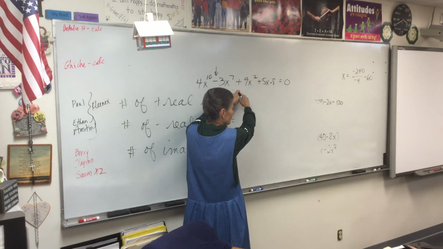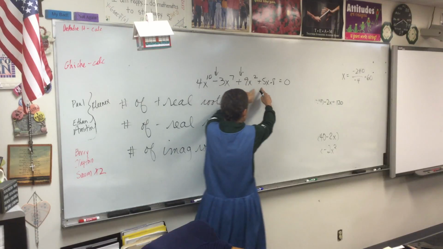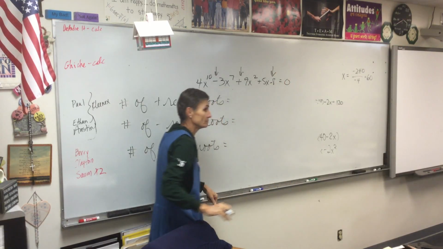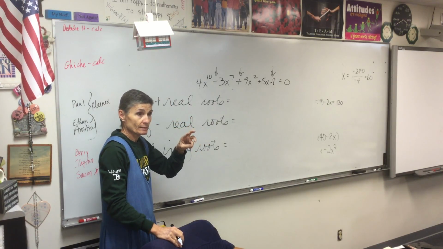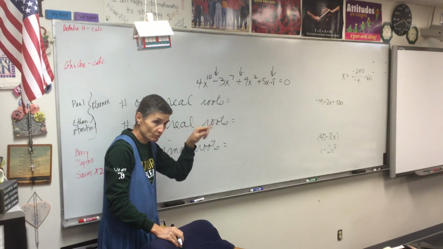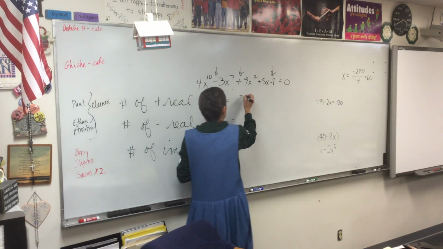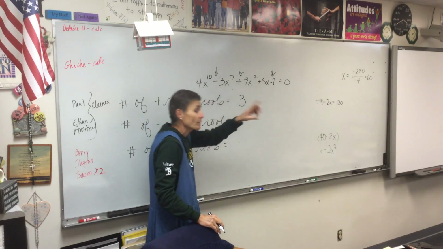I went back to positive, so that's another change. Now I stayed positive, but then I went to negative. So how many times did my sign change? 3. Now does everybody understand how I got the 3? So, positive real roots, 3. There were 3 sign changes.